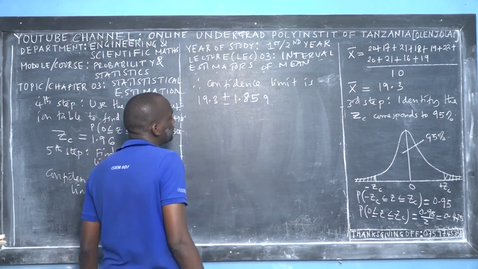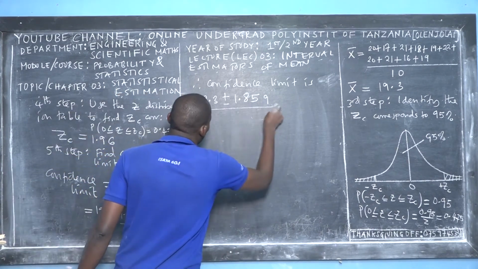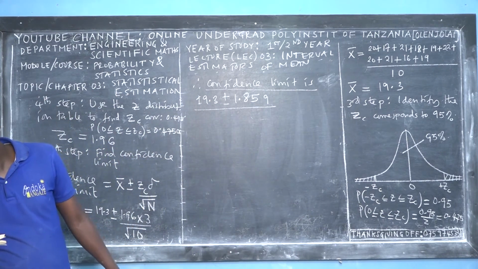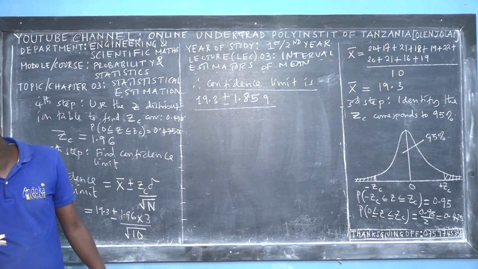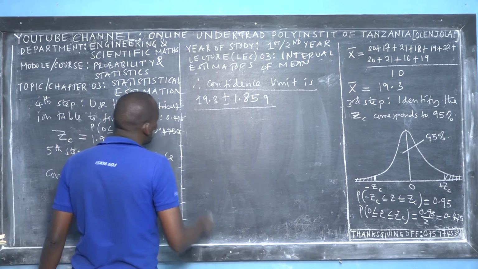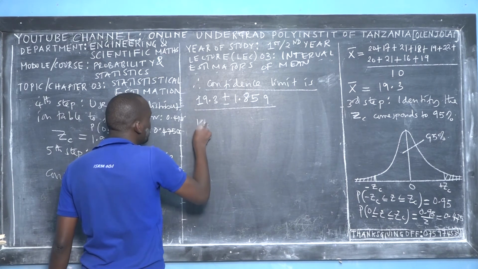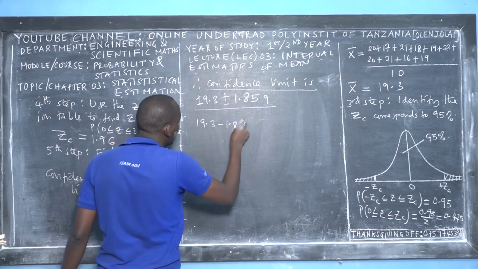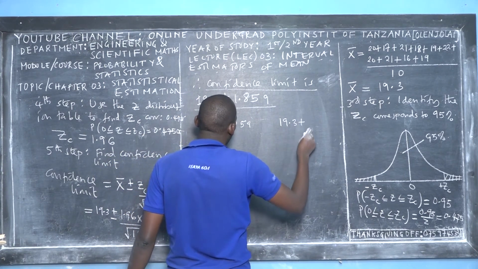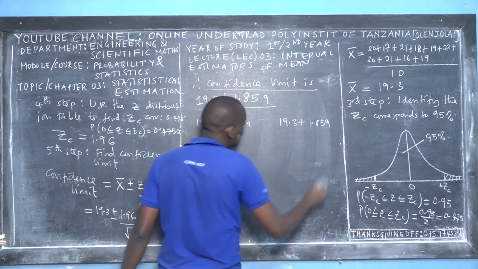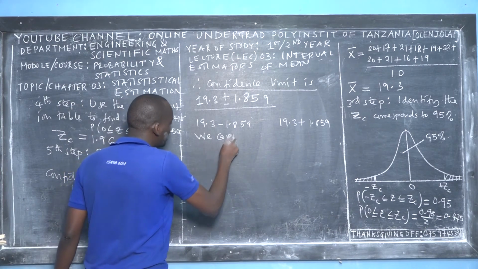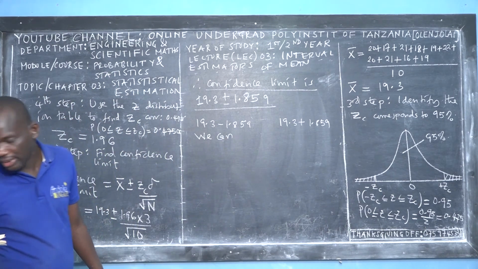You can add and subtract, so you can say that the population mean lies between 19.3 minus 1.859 on one side and 19.3 plus 1.859 on the other side.